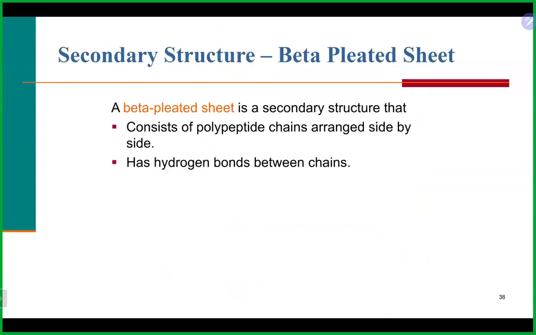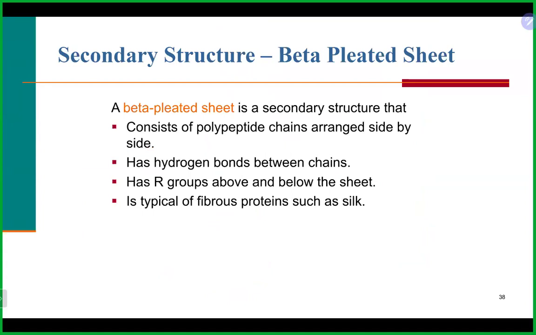Another secondary structure of a protein is what is sometimes referred to as a beta pleated sheet. A beta pleated sheet is like if you took a piece of paper and folded little squares of it and then unfolded it. This happens when polypeptide chains arrange themselves side by side.